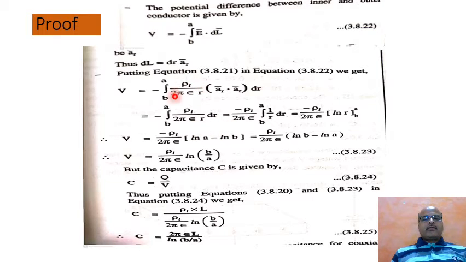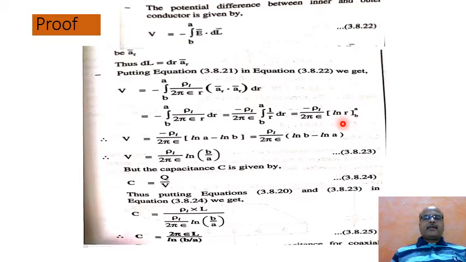Then take the constant term rho L upon 2 pi epsilon out as common, and we have to solve the integral from b to a of 1 upon r dr, which is a natural log of r. The integral of dx upon x is ln x, the same formula applied here.